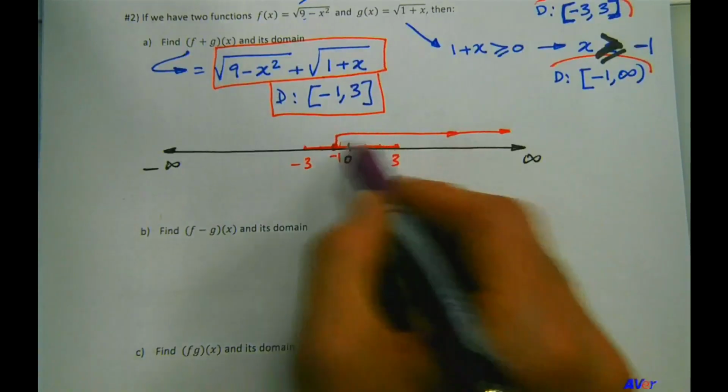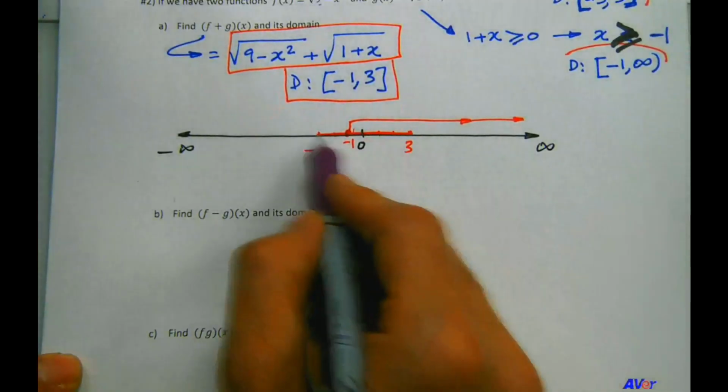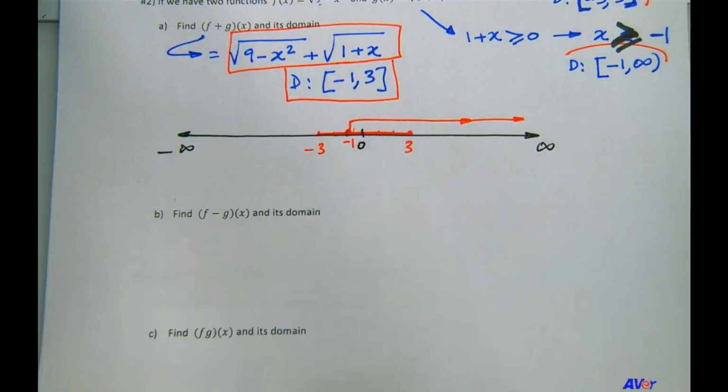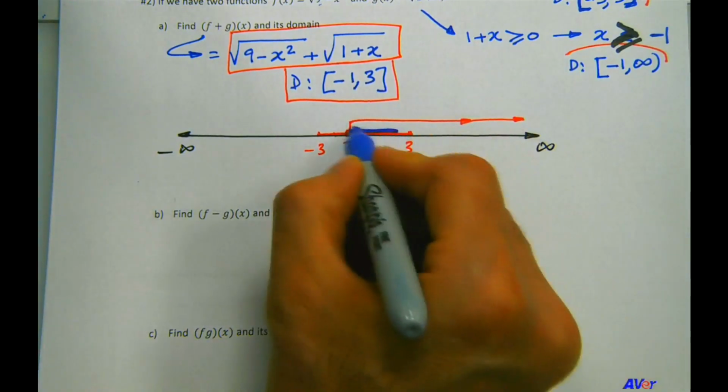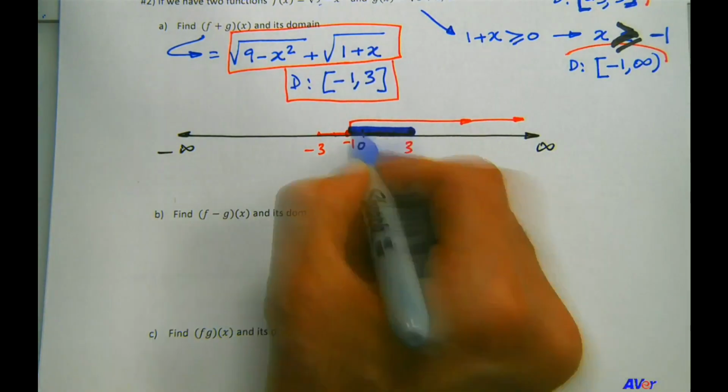But the point being that you have one domain doing that, and another function's domain is doing that. Where do they overlap? In here. This is the overlapping piece. Let me thicken it. From here to here.